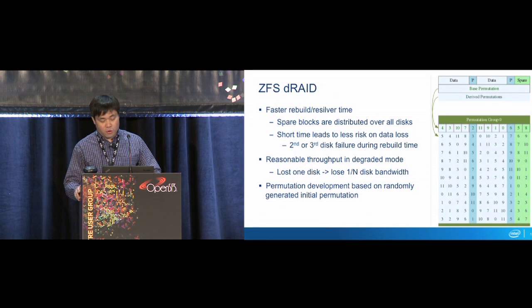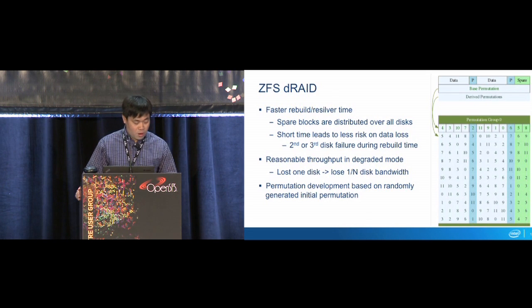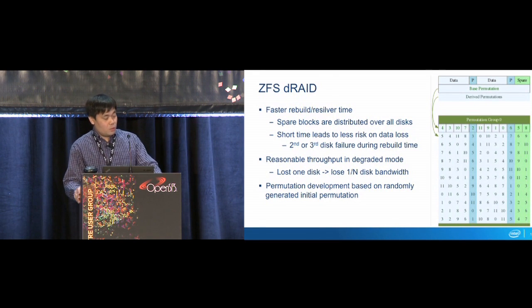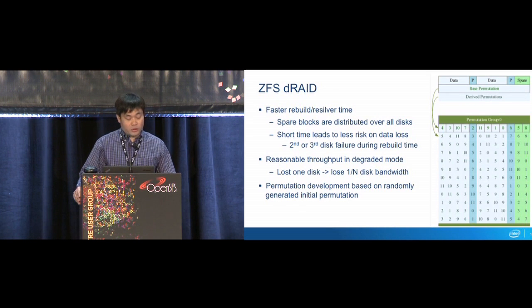For each permutation group, the first permutation is randomly generated, and then we develop the following permutations by shifting the disks by one each time. So with ZFS dRAID, we can see reasonable throughput in degraded mode, because we only lose 1 over n of the disk bandwidth, where n is the total number of disks in the dRAID.